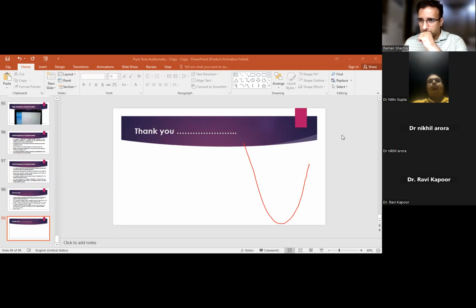The specific query of masking is in case of air conduction. As we have discussed in the procedure, the air conduction thresholds of both ears will be taken firstly. Now, if there is a difference of more than 40 decibels between the two ears, then we will introduce the masking noise in the better ear, and then test for the masked thresholds in the poorer ear.